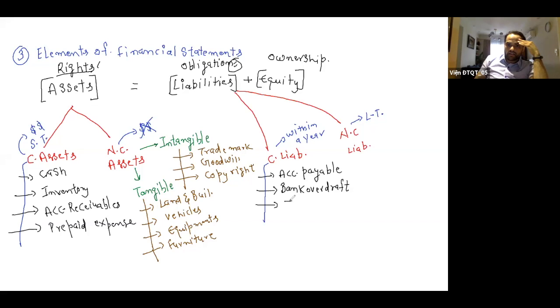Next one is tax payments due. At the end of the year, we have profit. After estimating profit, we calculate our tax. When we calculate tax, the tax department gives us a time period to return that tax obligation to the government. In that period you have an obligation. So that's why it's known as tax payable, a current liability.